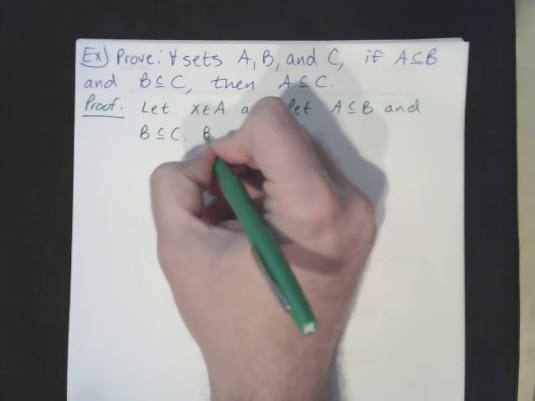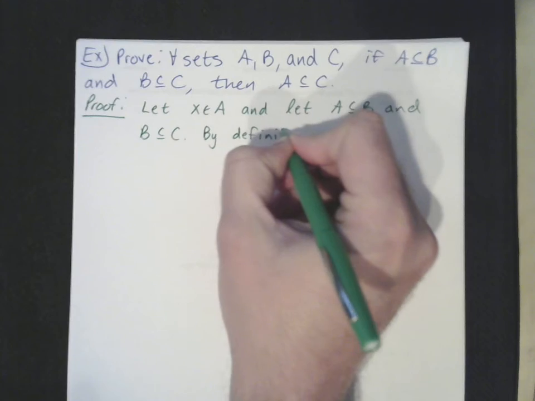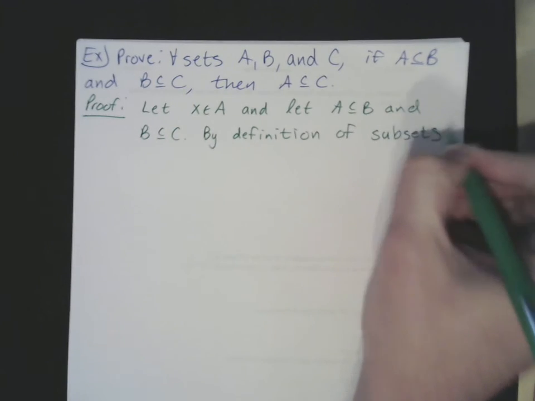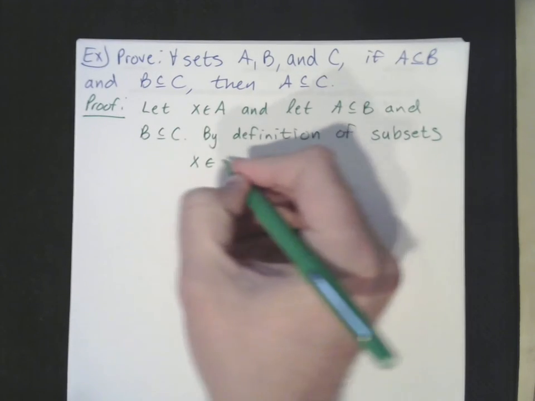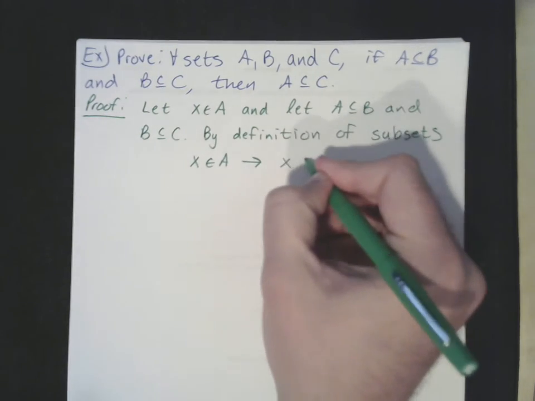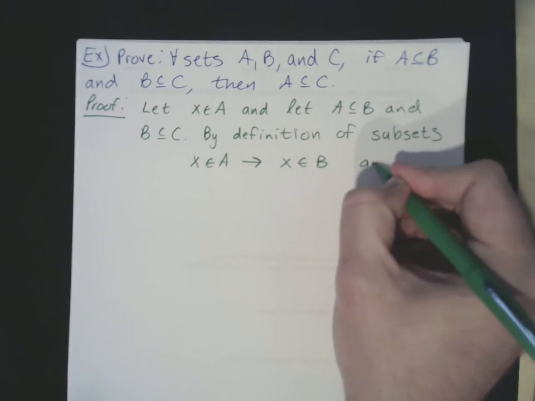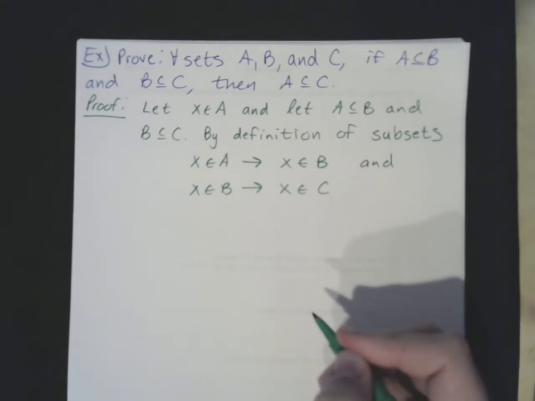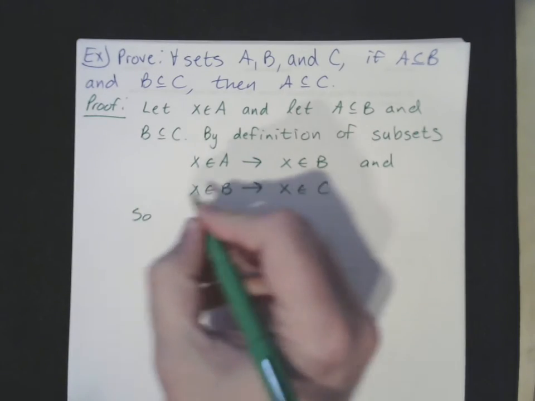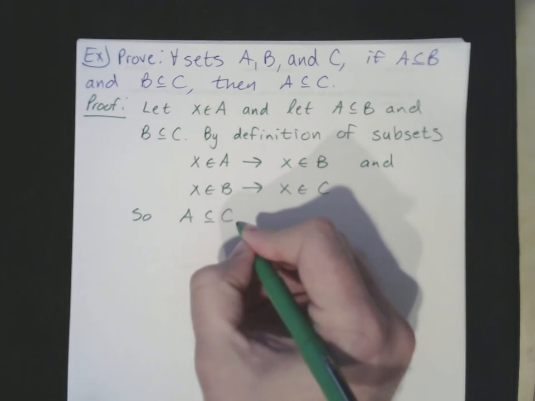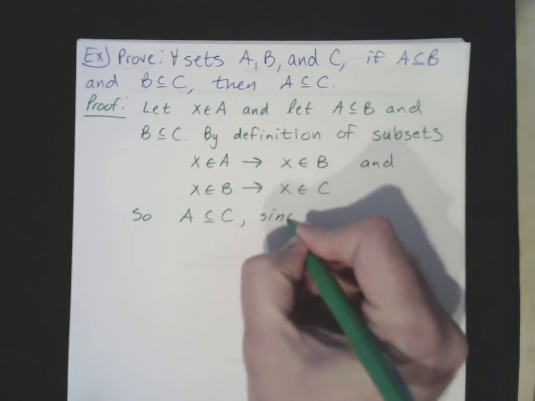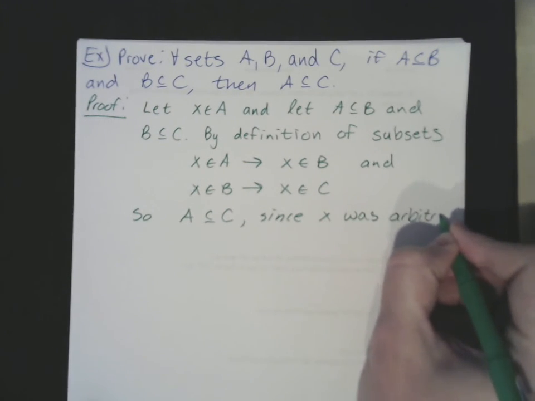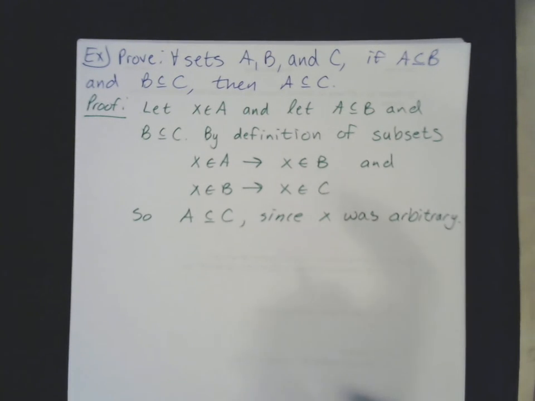So by definition of subsets, X is an element of A means that X is an element of B, and X is an element of B means that X is an element of C. So A is a subset of C. This again was since X was arbitrary. That's the proof.